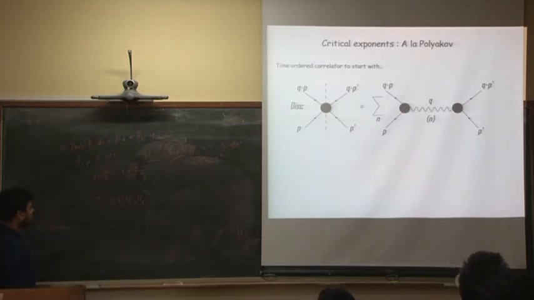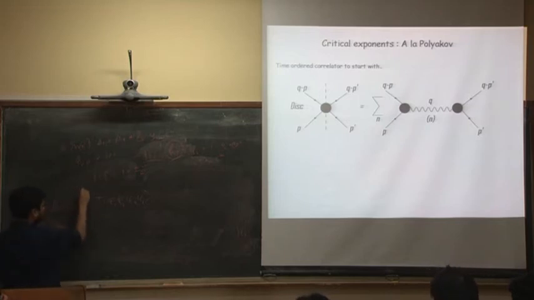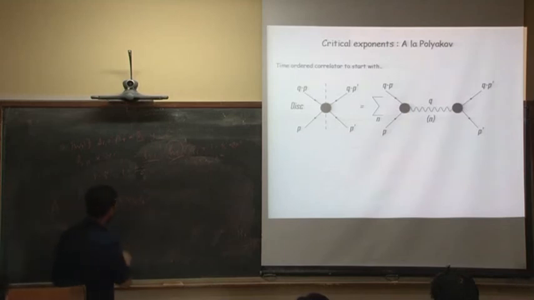So you're taking this time-ordered correlator. This is your 4-point function. I will give it an index. And then I'm considering the discontinuous part in Q, which is the exchange operator, of this time-ordered correlator.